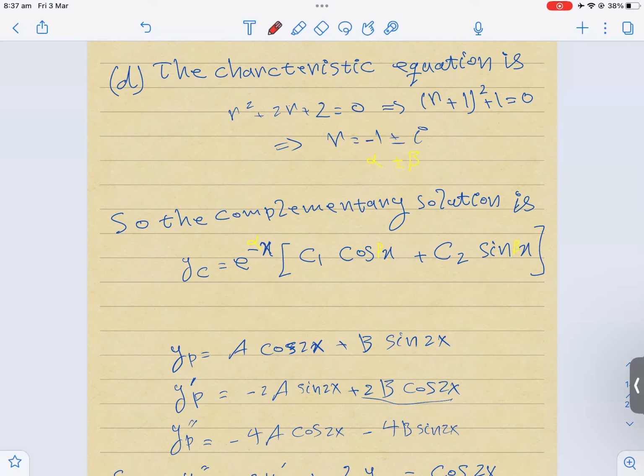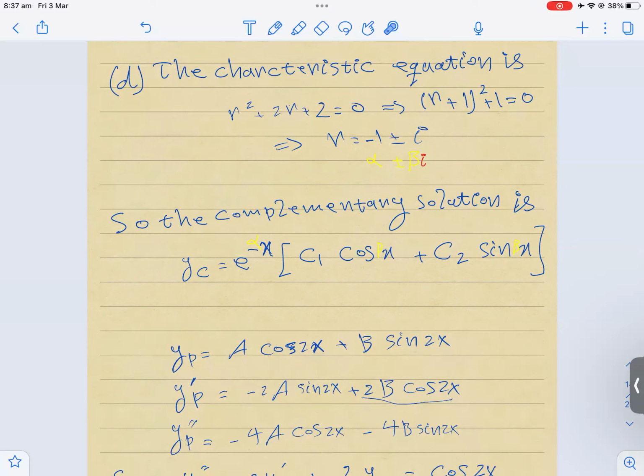Therefore, the complementary solution will be e to the alpha x, or e to the minus x, times c1 cos beta x plus c2 sine beta x. This is the complementary solution, which is easy peasy.